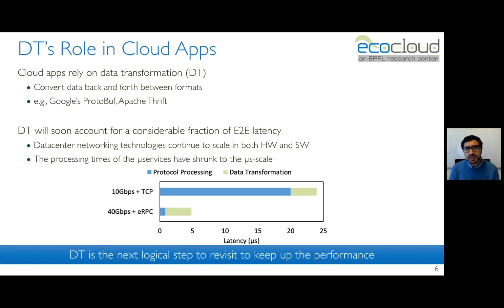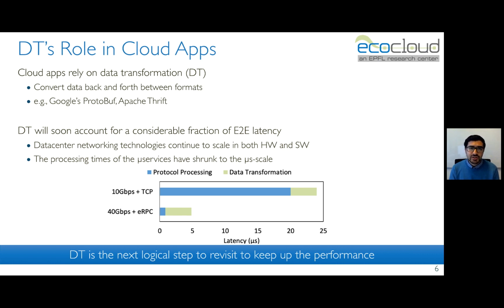So just to recap our motivation, we know that cloud applications rely on a data transformation layer to convert data back and forth between formats. For example, Google's Protobuf or Apache Thrift. As data center networking technologies continue to scale both in software and hardware, wire time and transport time have shrunk dramatically.